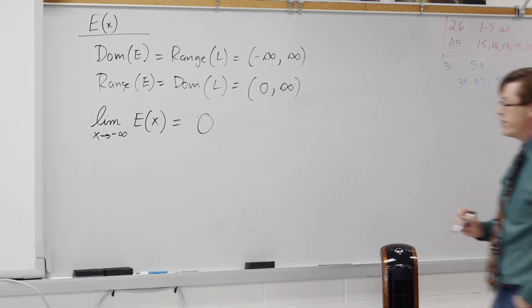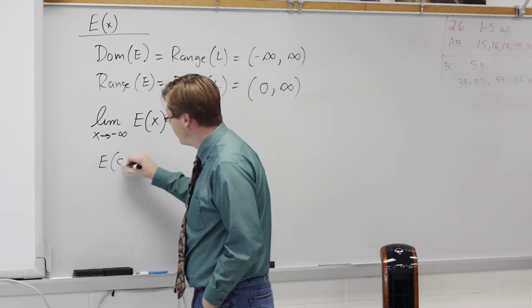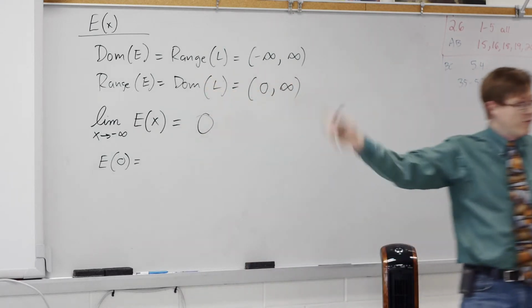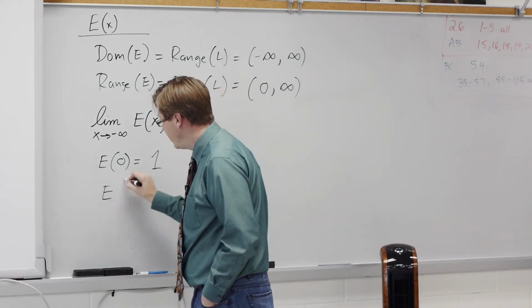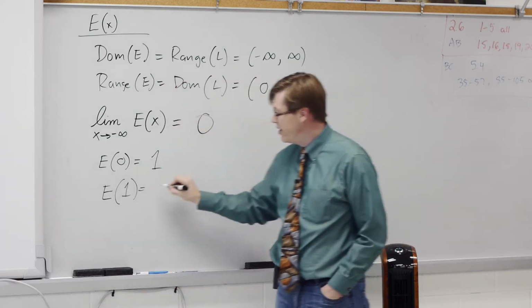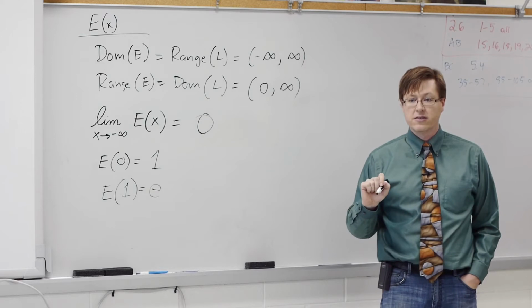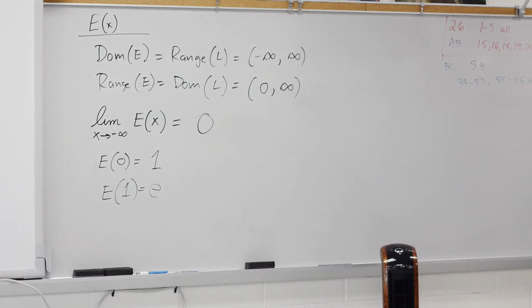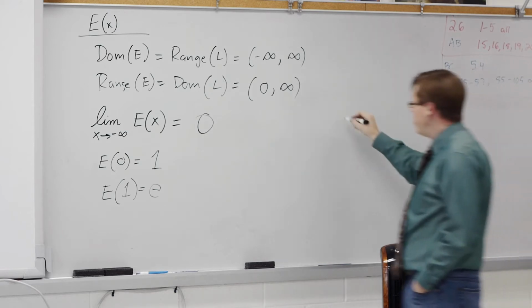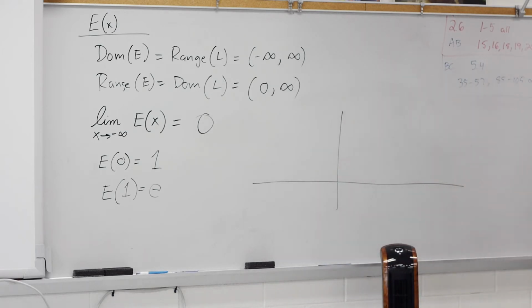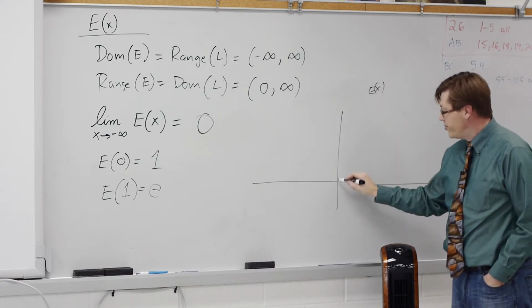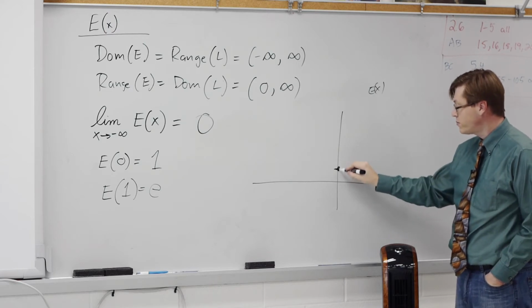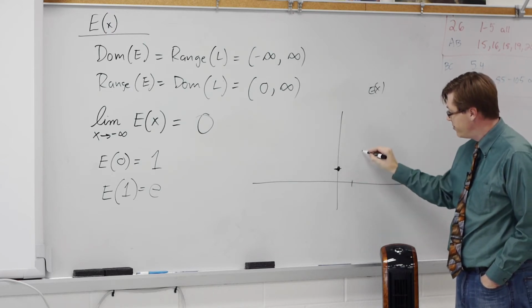And I can even get a couple points on the graph. I know that L of 1 is 0, so E of 0 has to be 1. And I know that L of e is 1, so E of 1 has to be e. So those are just the 2 points that I wrote down over there. So if I take all this information and put it together, I can graph E. I know it goes through 0, 1, and I know it goes through 1, e.